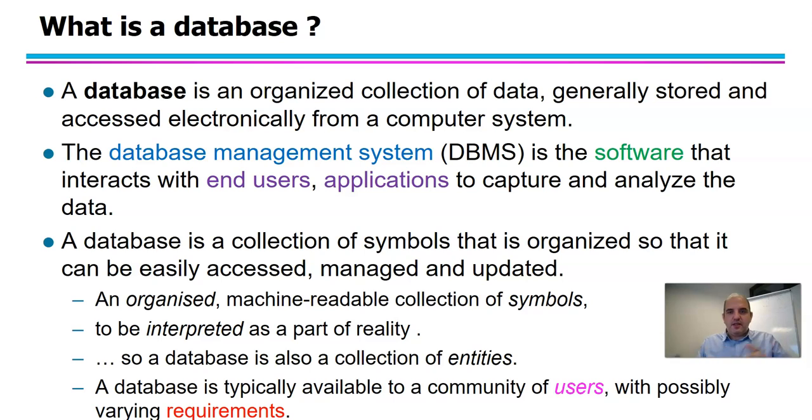So in a database, when you have some data, somehow it must represent a kind of reality or a part of reality. And a database is a collection of entities. There can be lots of tables or lots of different objects in your database. It is not like a single object. There can be lots of different objects in your database.